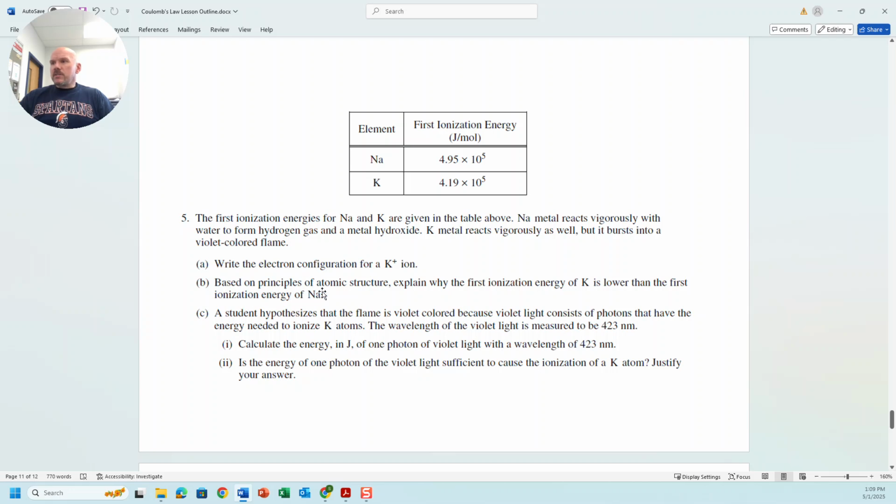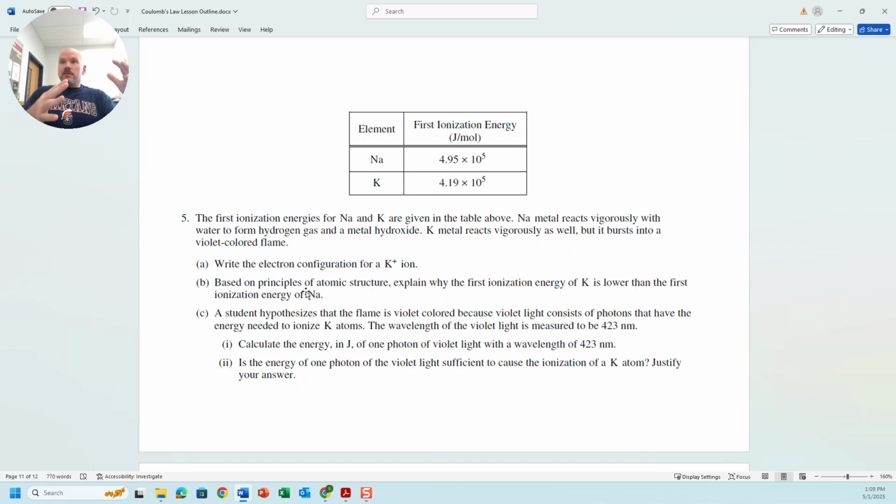So based on principles of atomic structure, explain why the first ionization energy of K is lower. So that's what I'm talking about, using atomic structure, but tying it into Coulomb's law. Why does potassium having a bigger radius make it easier to remove? Well, what's holding the electrons onto the atom?